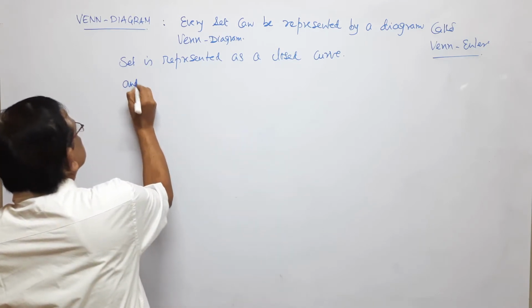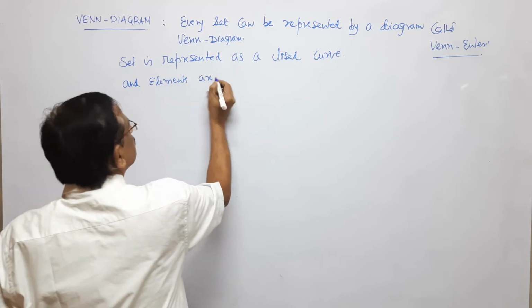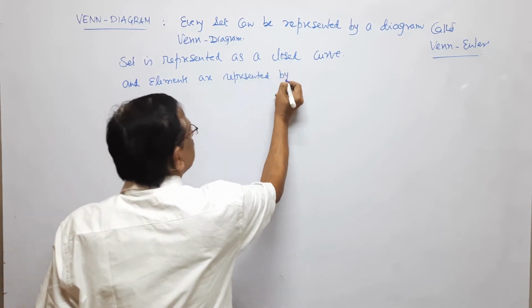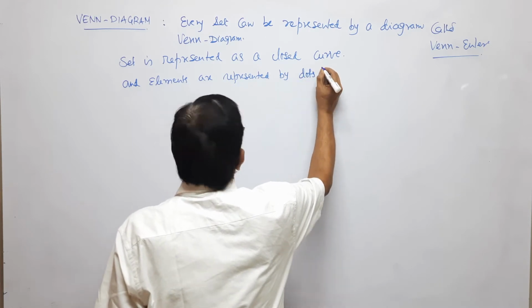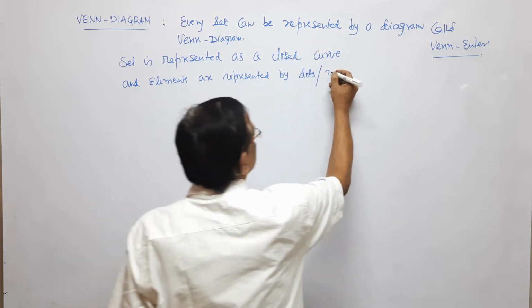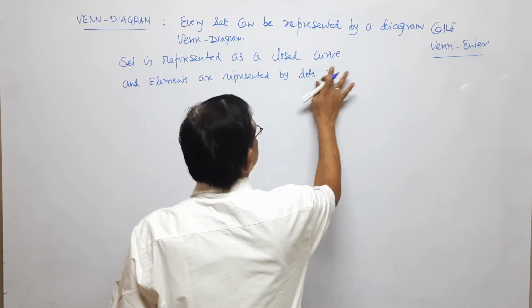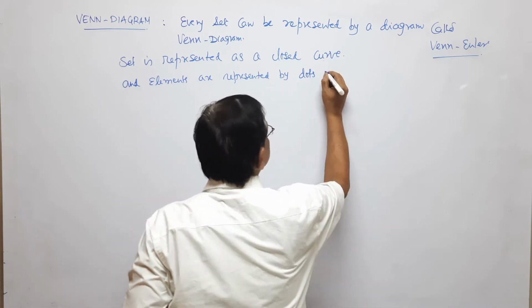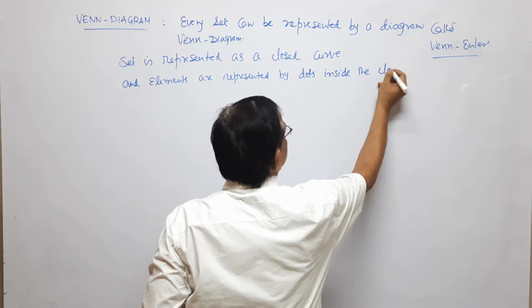And elements are represented by dots. We can say simply dots. Elements are represented by dots inside the curve, inside the closed curve.